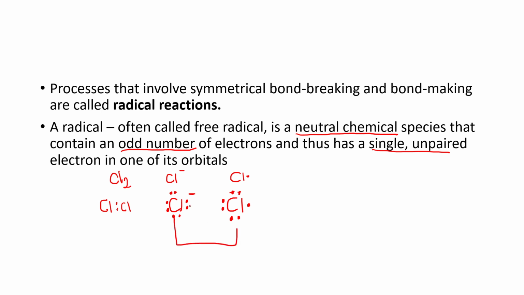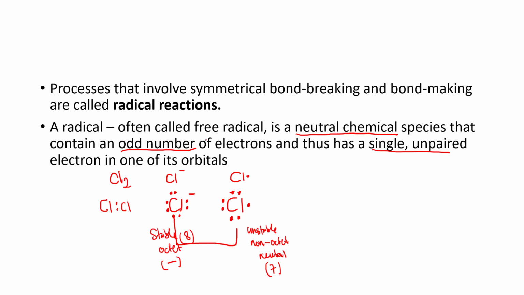Okay, so chloride is stable because it is in the octet configuration. It is negative in nature and it has 8 electrons. While chlorine radical is unstable. It is not conforming to the octet rule, and it has no charge, meaning it is neutral, and it has 7 electrons on its shell.